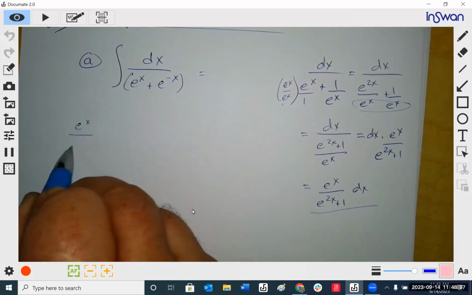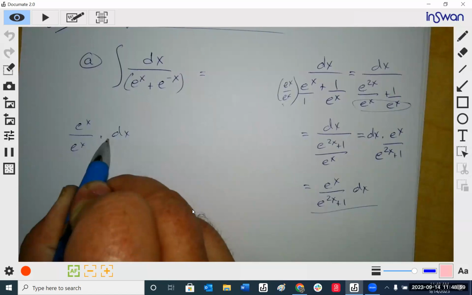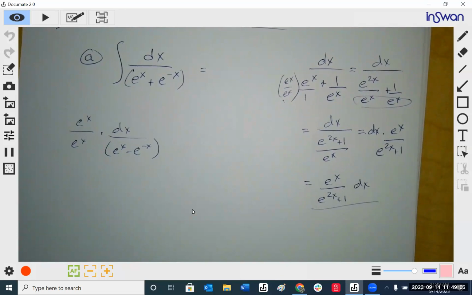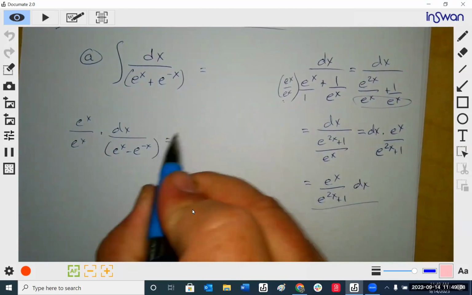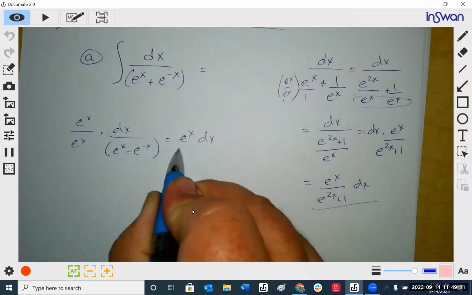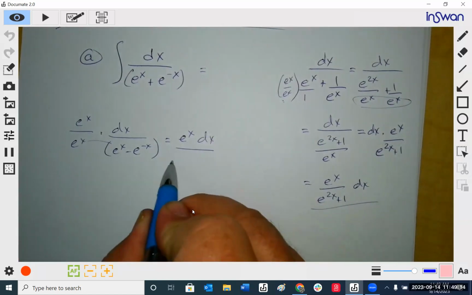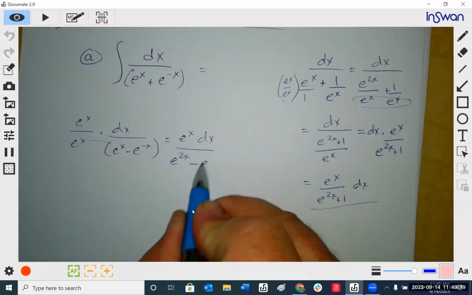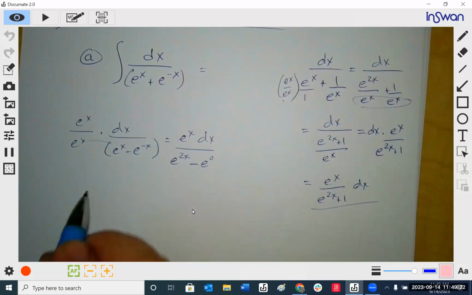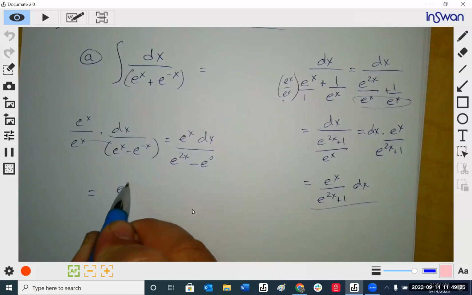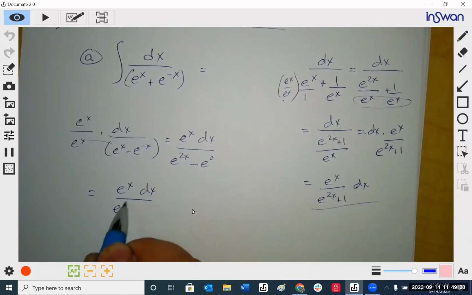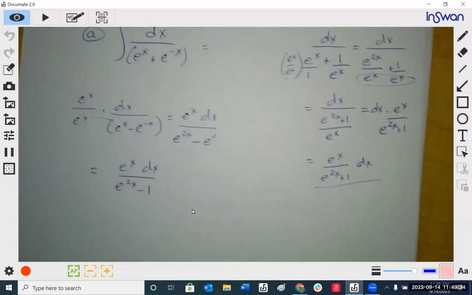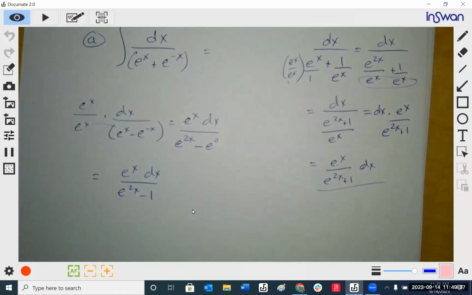e to the x over e to the x times dx over e^x minus e^negative x. e to the x dx, e to the power 2x, negative x plus x is e to the 0. So it's e^x dx over e^2x minus 1, which is the same thing. But no, what you said was not incorrect.